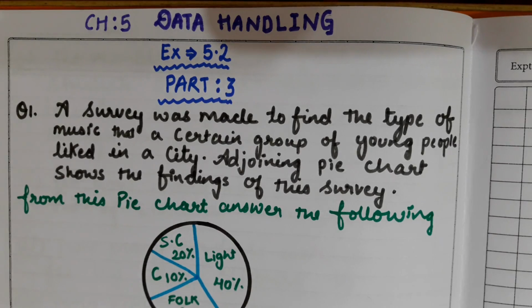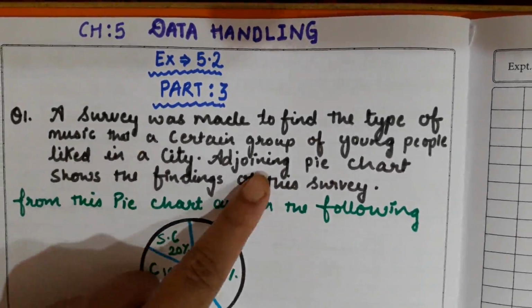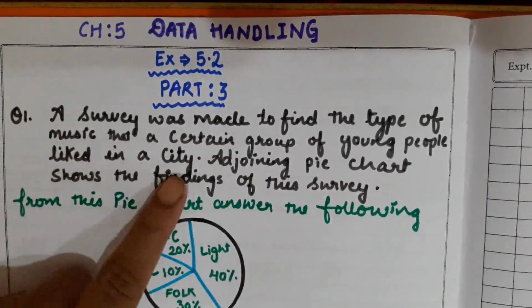Our very first question from this exercise: a survey was made to find the type of music that a certain group of young people liked in a city.